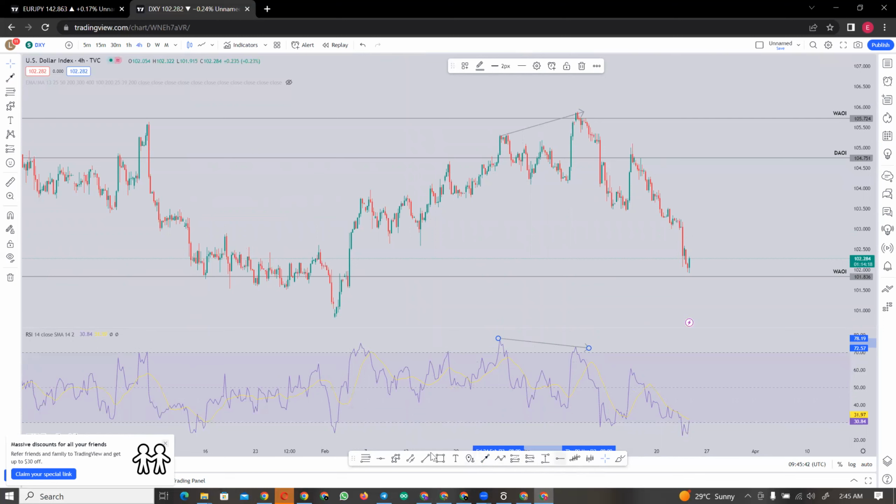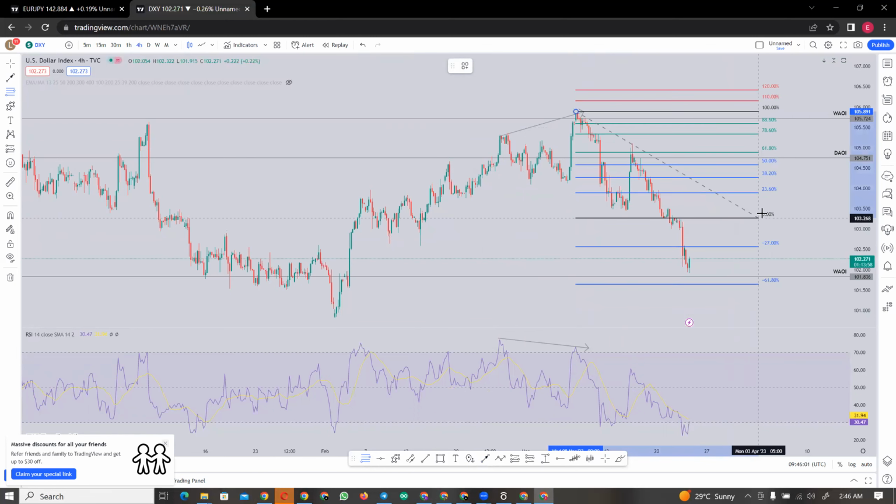We have this higher high here. We have this higher low, and market took it. So this is where the structure changed. So we put our fib here from point A to point B.